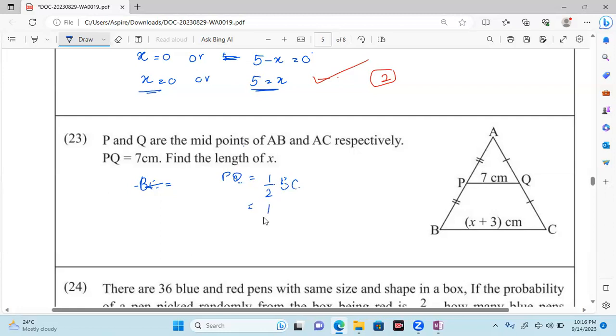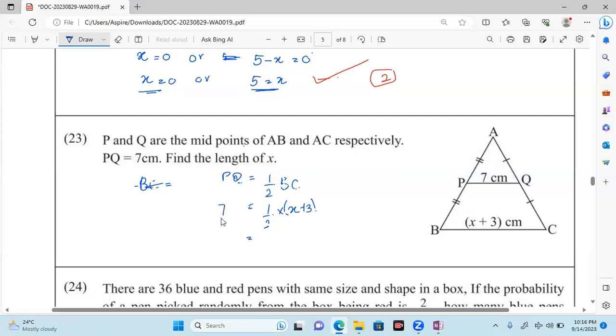Then half into BC is x plus 3. Due to connection issues, it is very difficult to write on this screen.